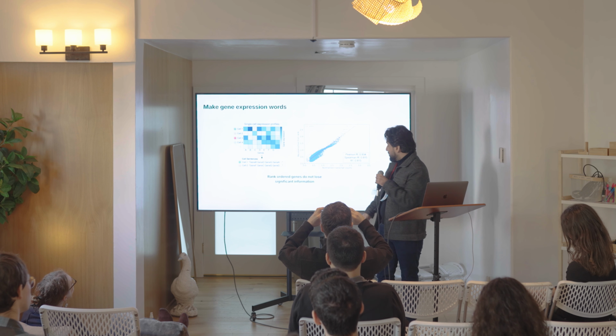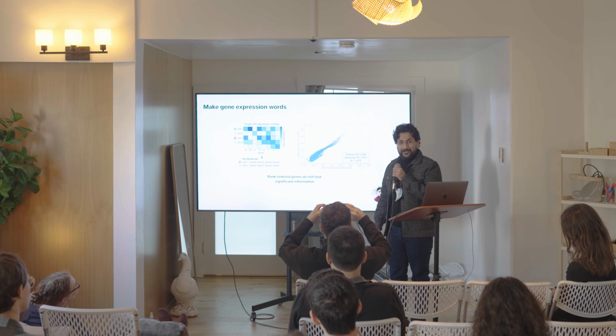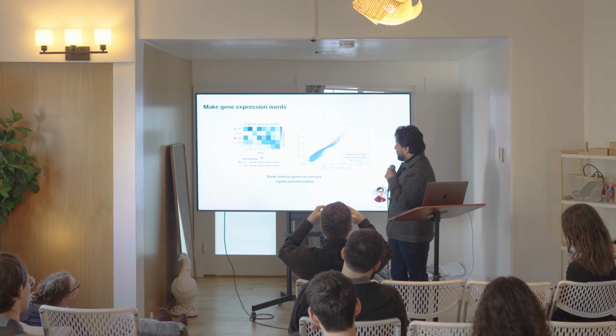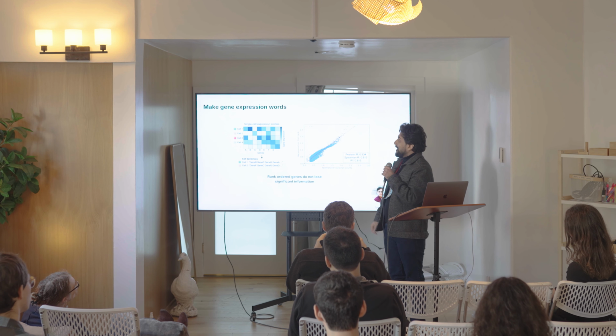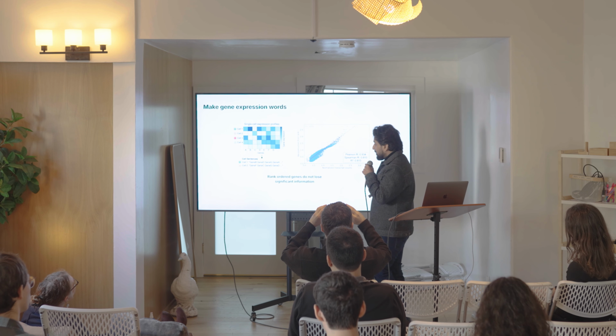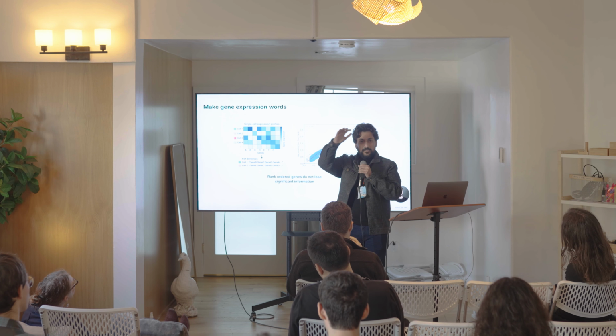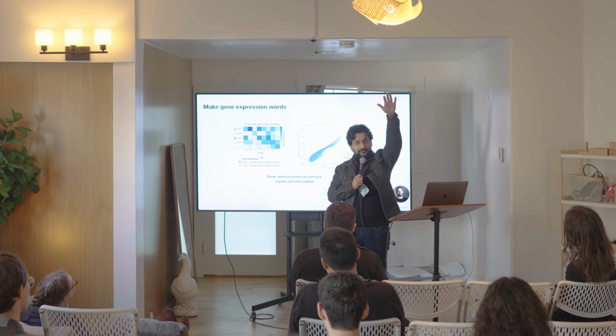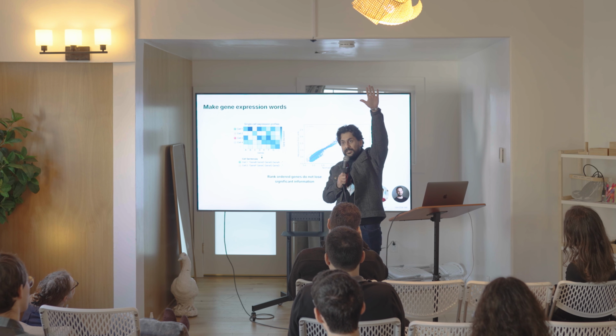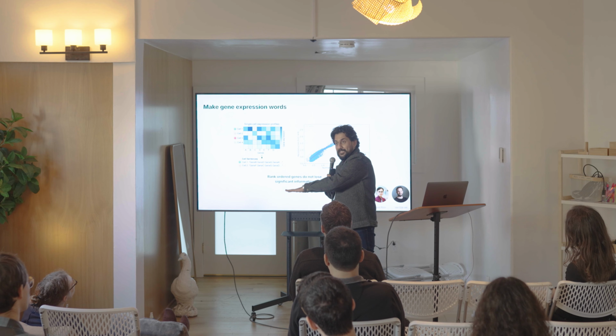So one of the things this really smart PhD student, in collaboration with us and at the David Van Dyke lab, did, he actually made gene expressions into words. What he did was essentially rank order the genes. The genes with the most expression had the first rank, and the one with the least expression had the last rank.